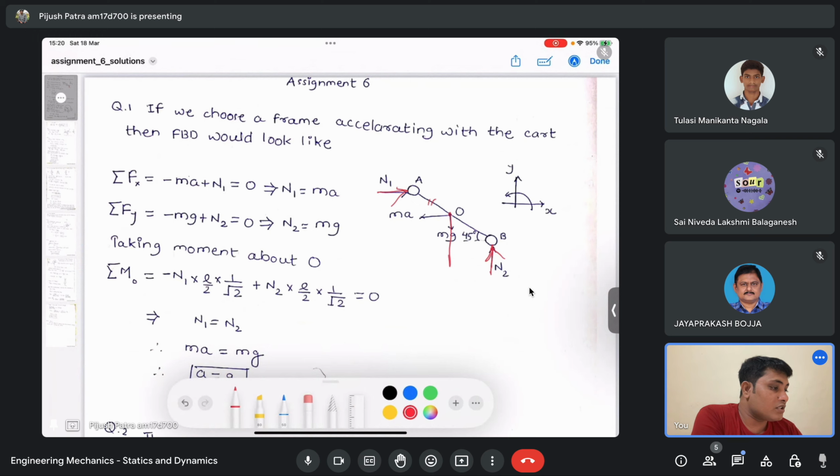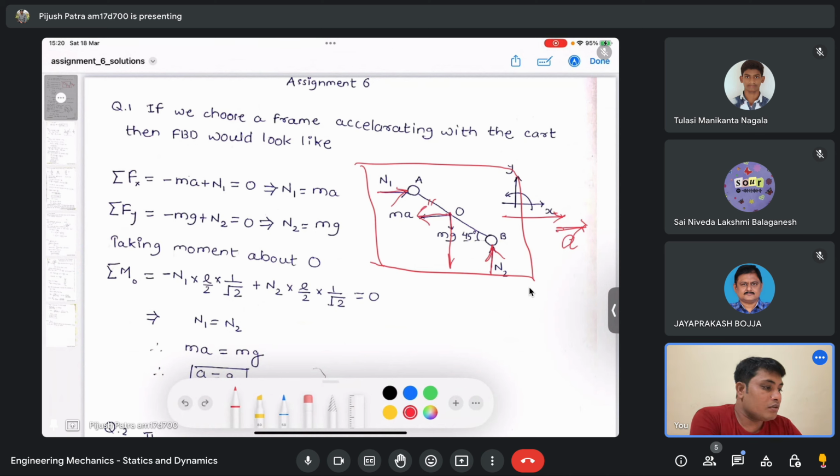You have the weight of the slender rod, mg, and if the entire frame accelerates with acceleration a along this direction, then the pseudo acceleration on the rod will be in the exactly opposite direction, as you know. That is how this free body diagram looks.